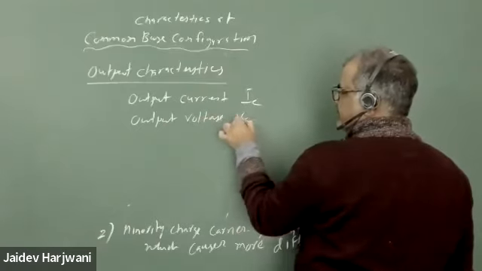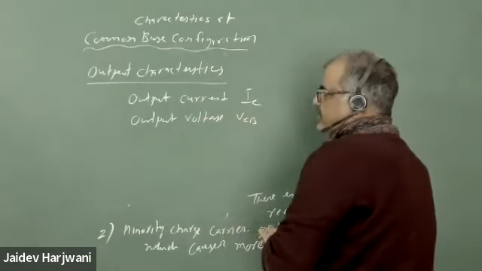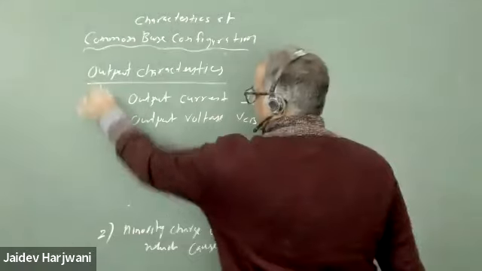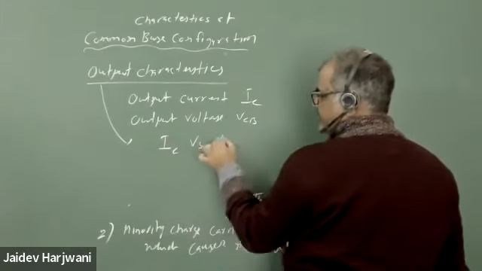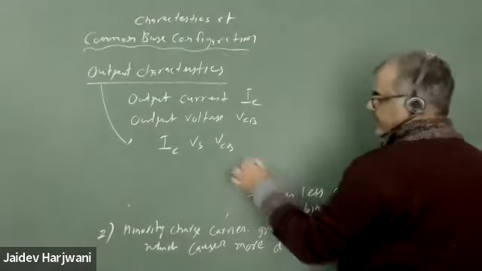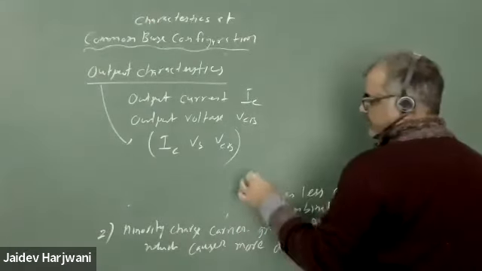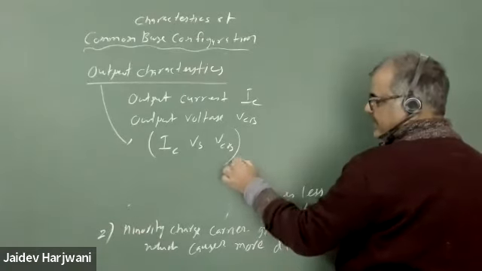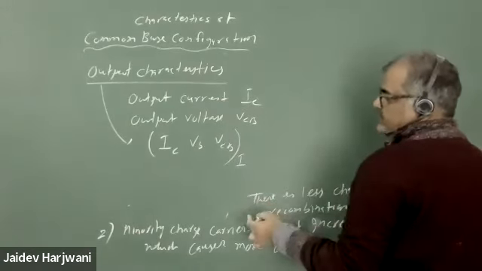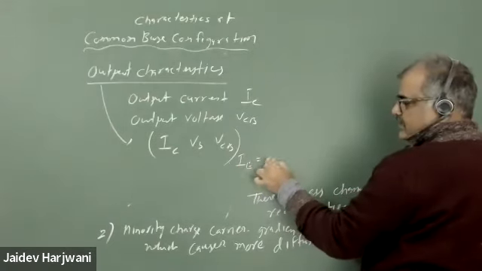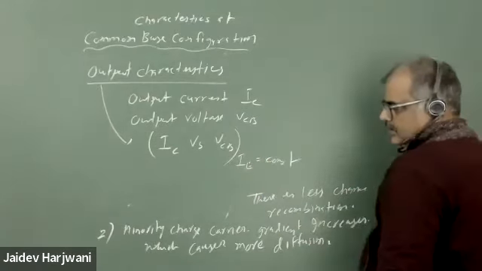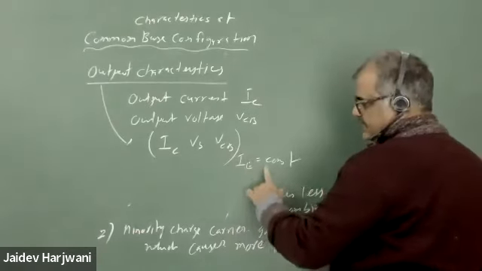So your output characteristics is basically a relation between IC versus VCB, keeping the input current, which is IE, constant.